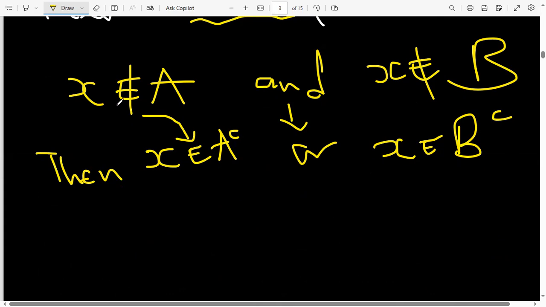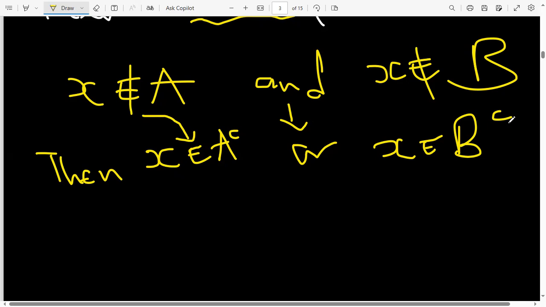So from this expression that we have here, if X is not a member of A, we get that X is a member of A complement. And because we've changed this sign here, this and changes to or, and then here we do the same like we did there. So if X is a member of A complement or X is a member of B complement, what does that mean?